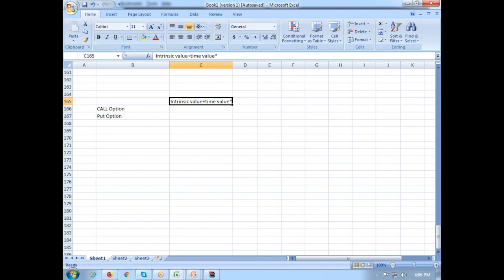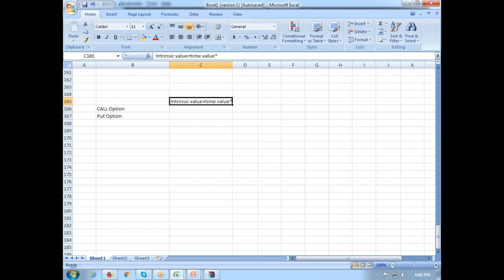There is something called volatility, on which the time value can differ. Volatility will come in the later part, but right now, for better understanding, let's understand this intrinsic value and time value. This is how the premium is segmented.